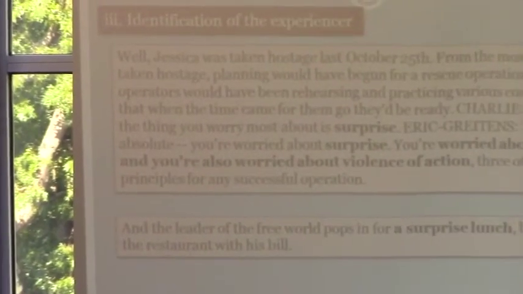Are the operators afraid of being surprised, or do they want to make sure that the terrorists will be surprised? It's not clear at all.